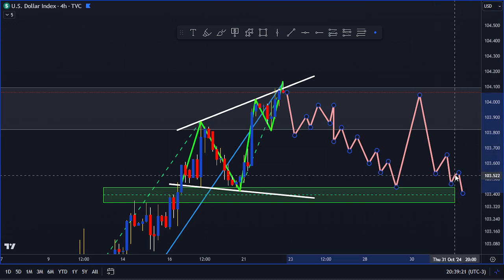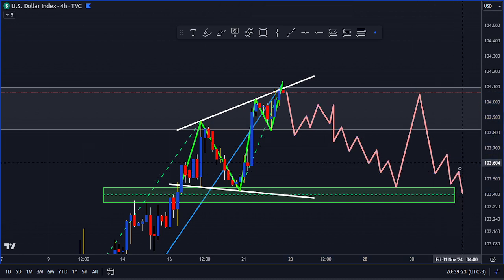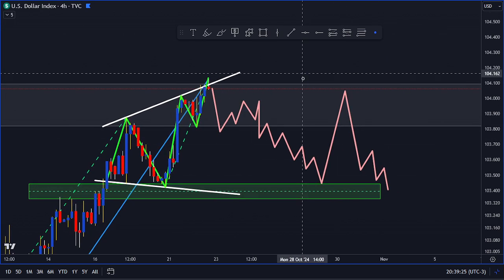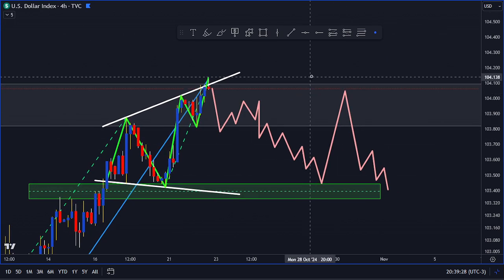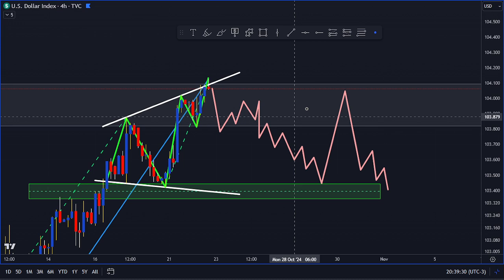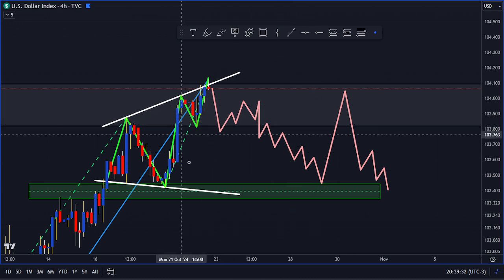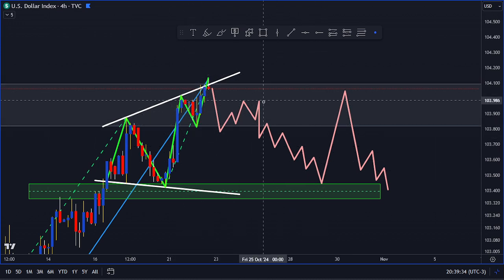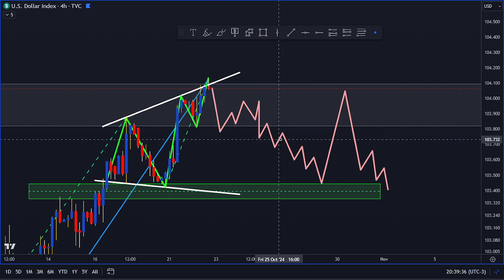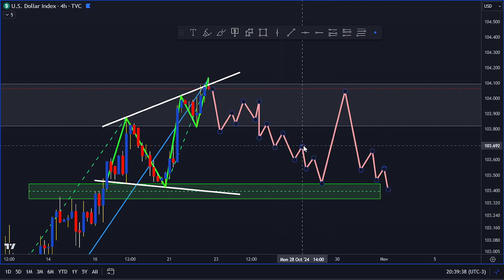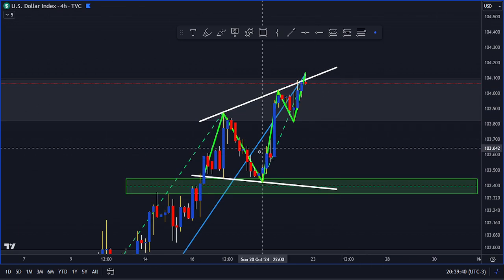So let's be careful with the AUD, the dollar index pairs. We want to be careful because this is a chaos pattern, and the market can do whatever nonsense it wants to do. So let's be careful. So this is the dollar index.